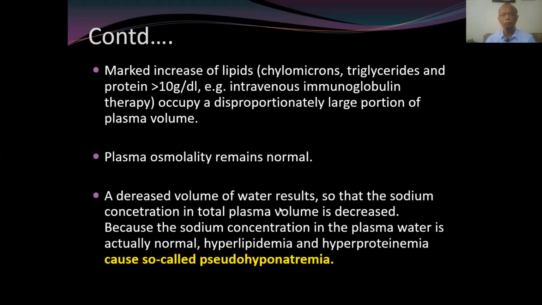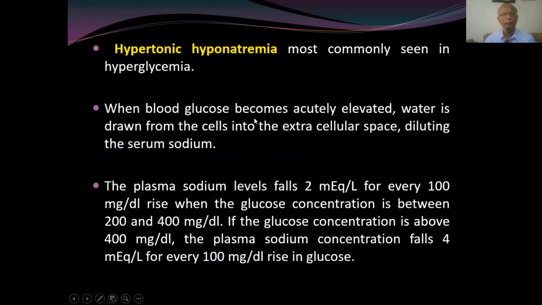A decreased volume of water results, so that the sodium concentration in the total plasma volume is decreased. Because the sodium concentration in the plasma water is actually normal, hyperlipidemia and hyperproteinemia cause so-called pseudo hyponatremia. So these conditions we sometimes also label as a case of pseudo hyponatremia.